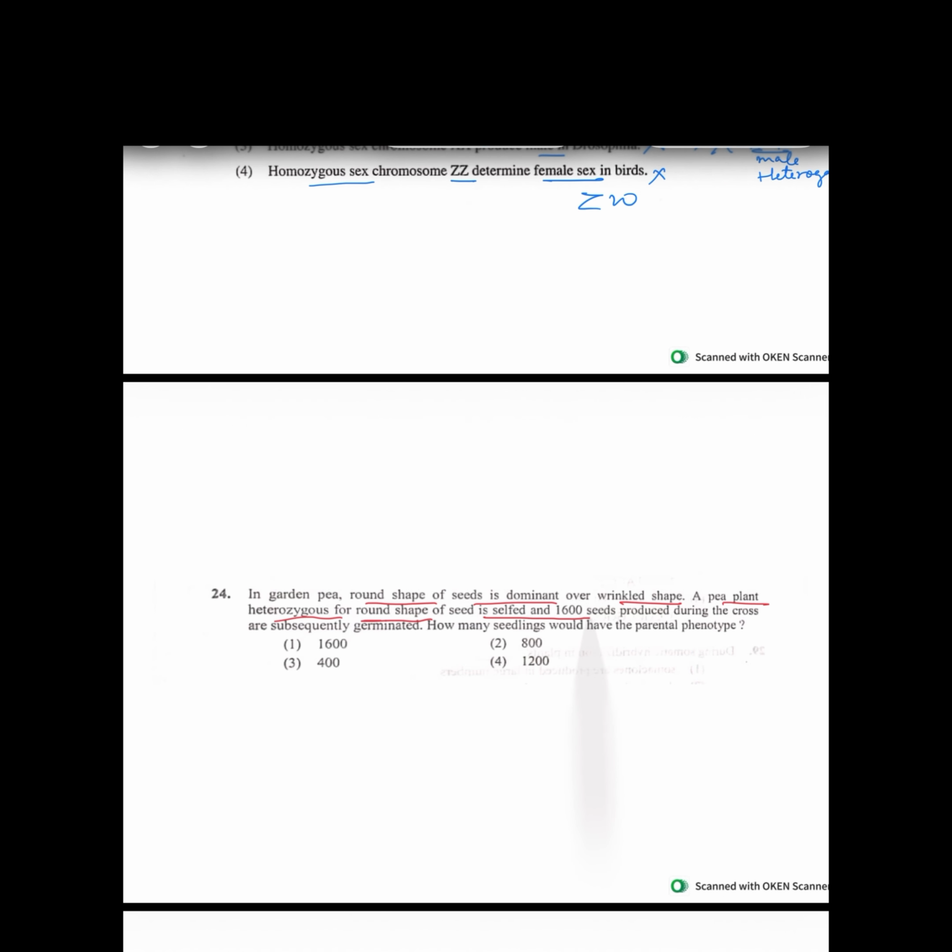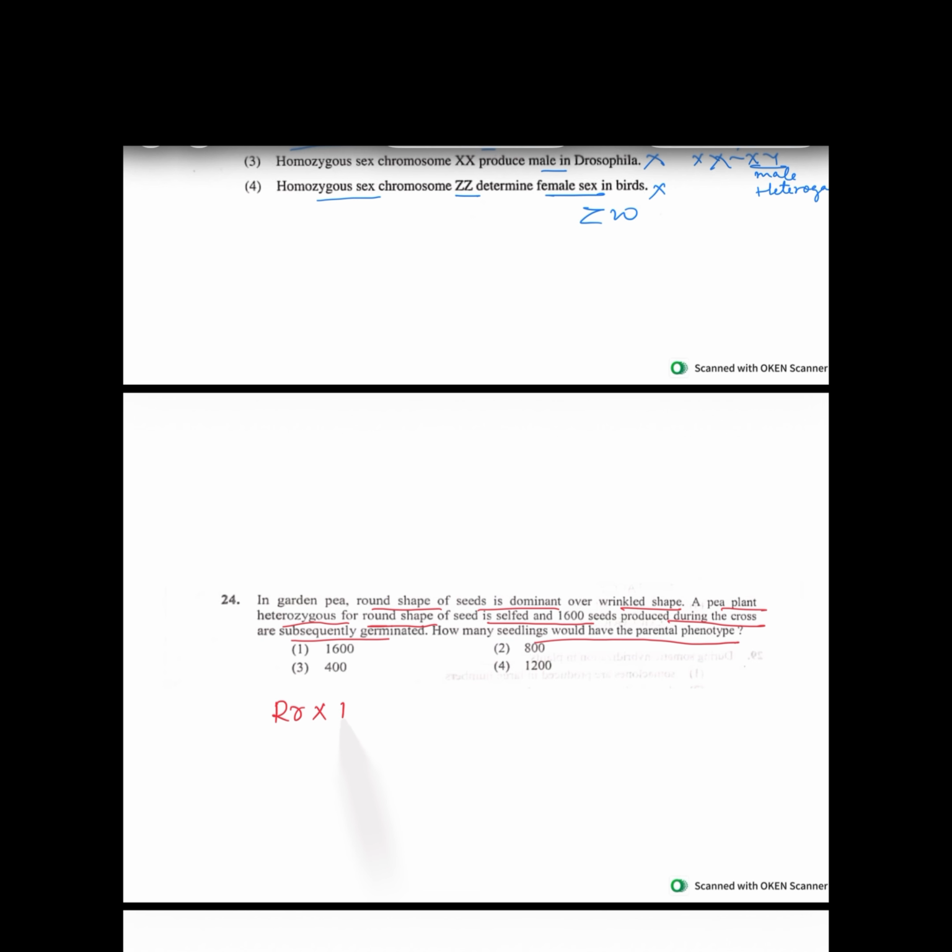24th, round shape of seed is dominant over wrinkled shape, that is dihybrid cross. But here they have given round shape, that too in F1. F1 is crossed with the same thing, self hybridization. RR crossed with RR, you will get 3 round and 1 wrinkled. How many seedlings would have parental genotype?